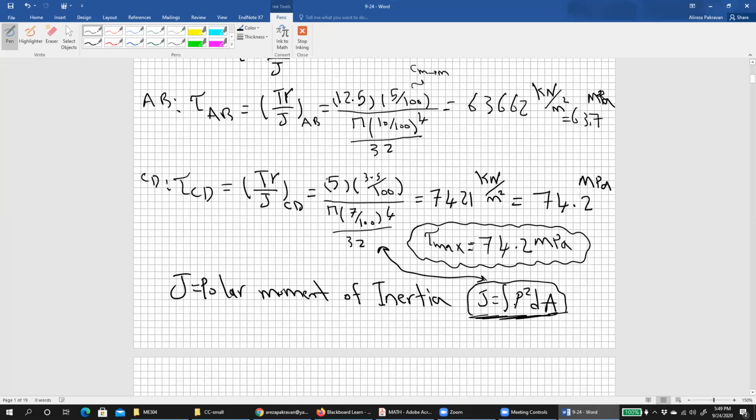But in the last lecture we derived the polar moment of inertia. It shows the position of any point with regard to the axis, right? So we should discuss it. Does it make sense to you?